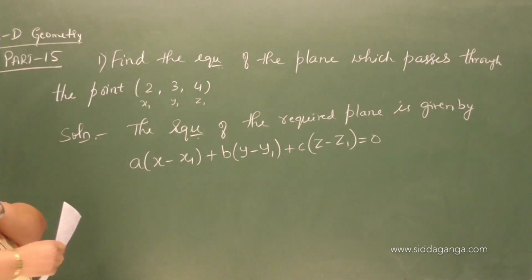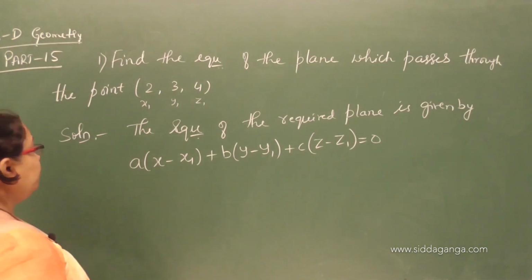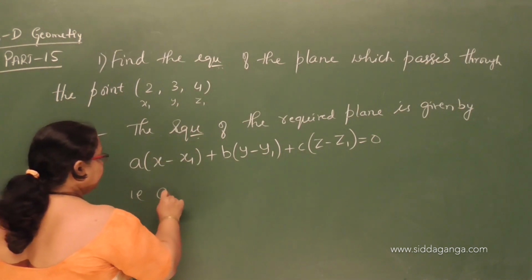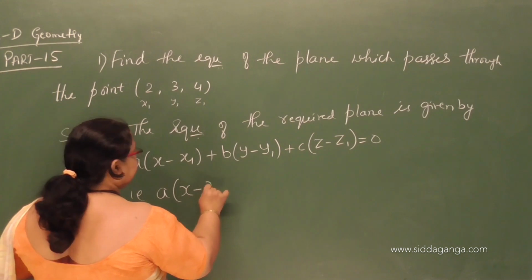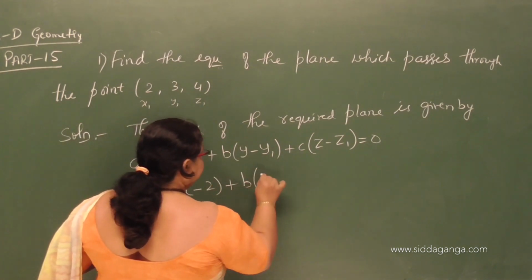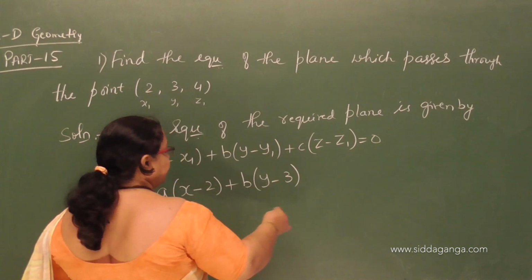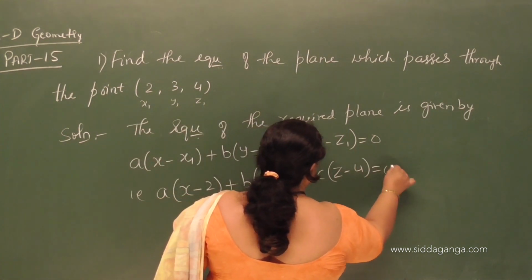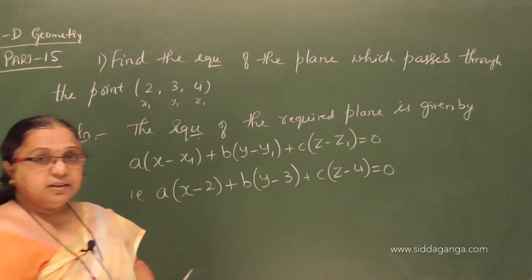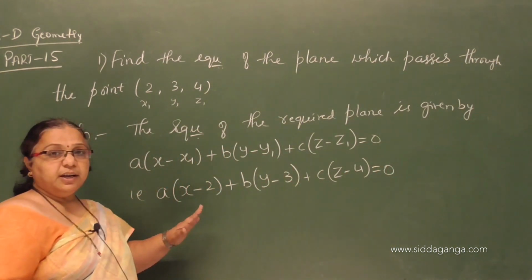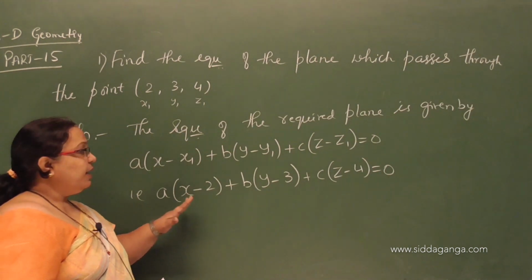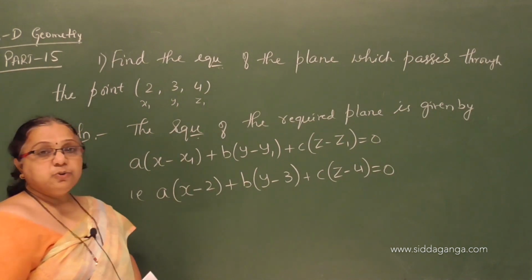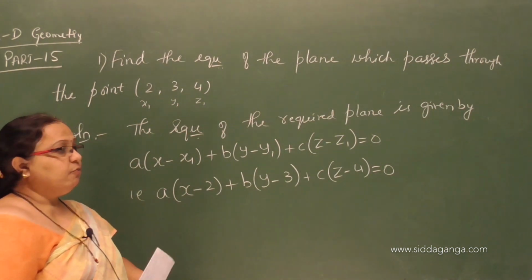Now you replace x1 by 2, y1 by 3 and z1 by 4. That is a into x minus 2 plus b into y minus 3 plus c into z minus 4 equal to 0. Now this represents the equation of the required plane where it passes through the point 2, 3, 4.